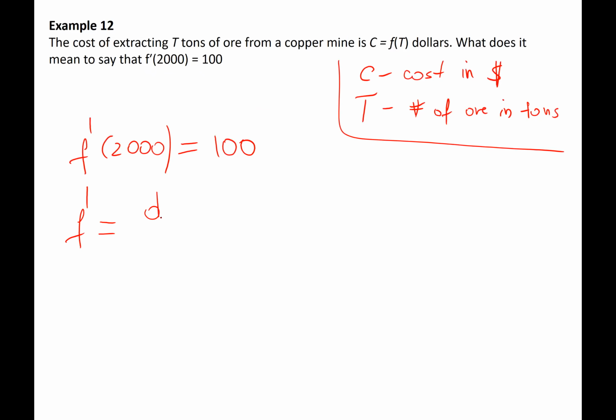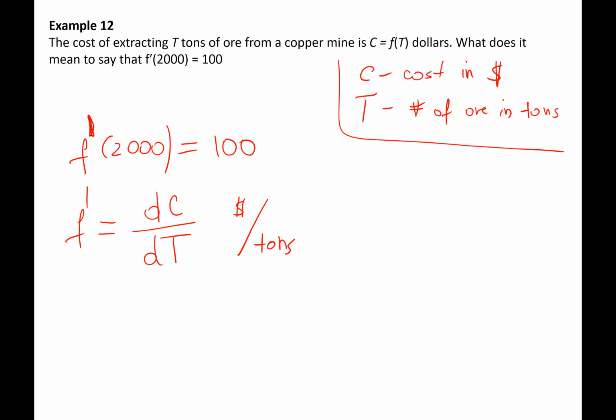It will be the rate of change of cost with respect to the change of T, but T is the number of tons. So it's dollars over tons, that's $100.